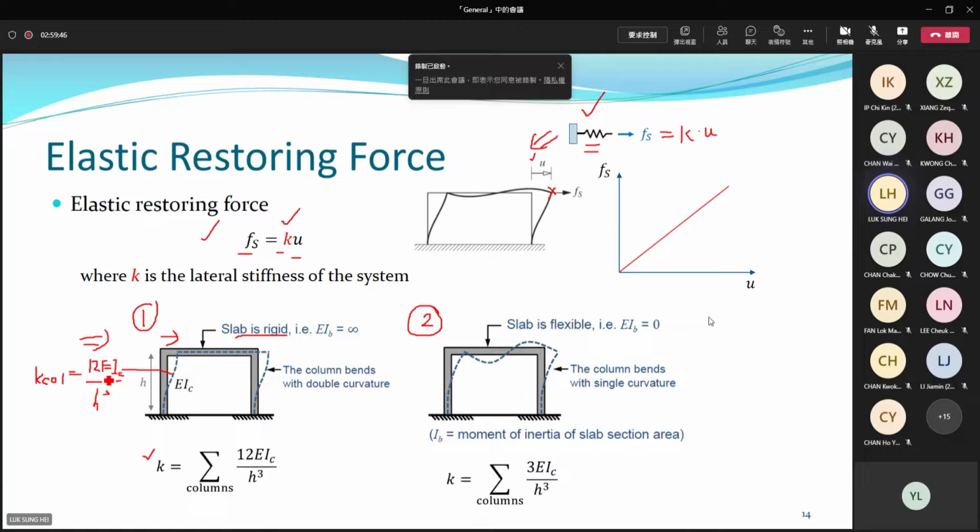Based on the static force-displacement relationship, we find that the stiffness is 12 EI over H cube. Actually, you can find this term from our stiffness matrix. One column gives you 12 EI over H cube. If you have two columns, you multiply by 2, three columns by 3, and so on. That's why, in general, you can add up all contributions using summation notation. If you consider the rigid beam assumption, you can find K using these simple equations.